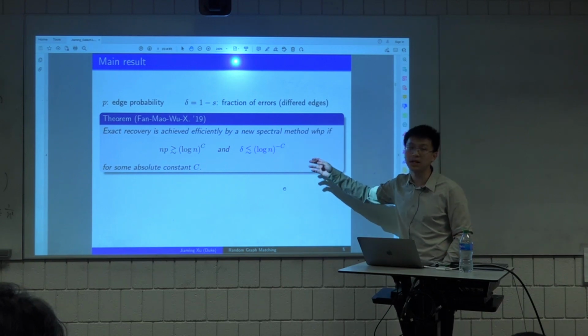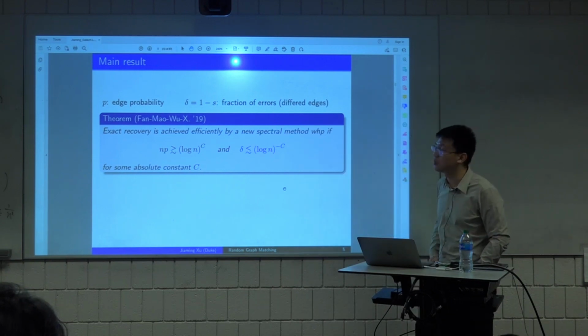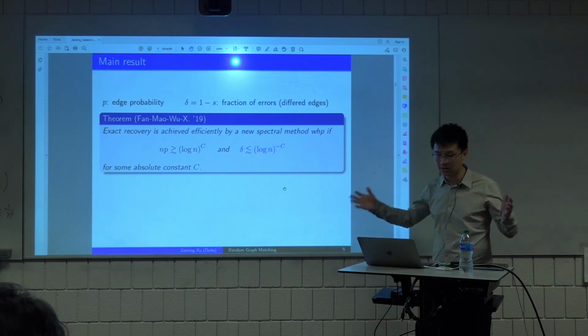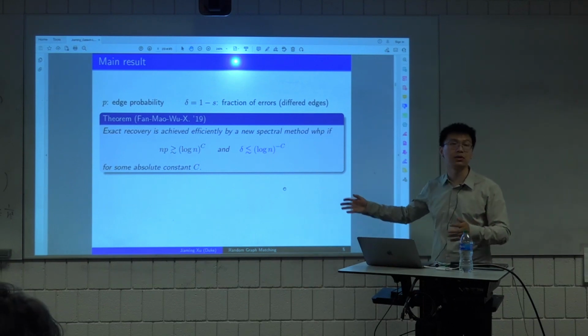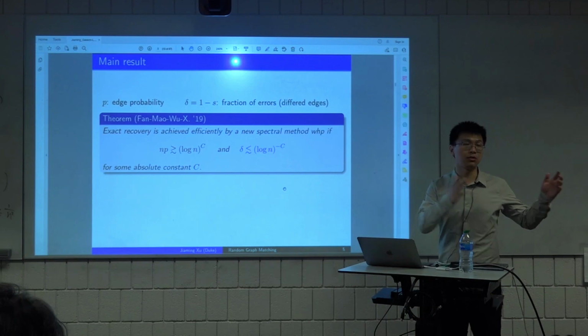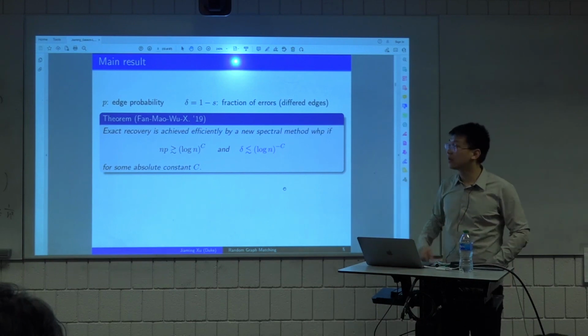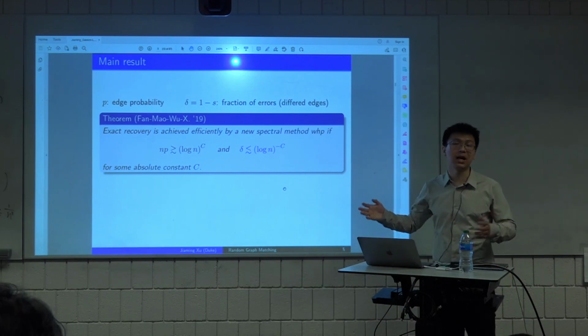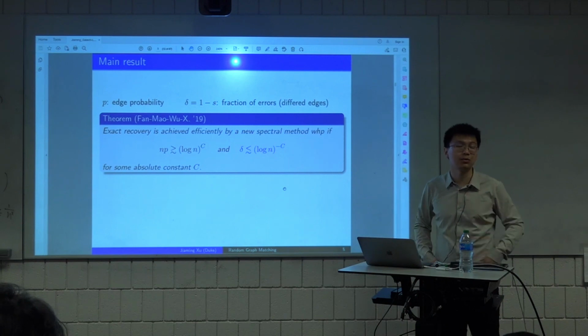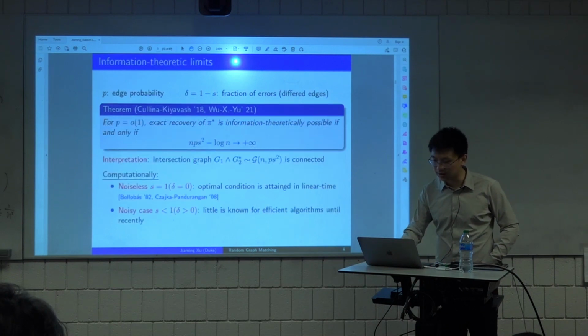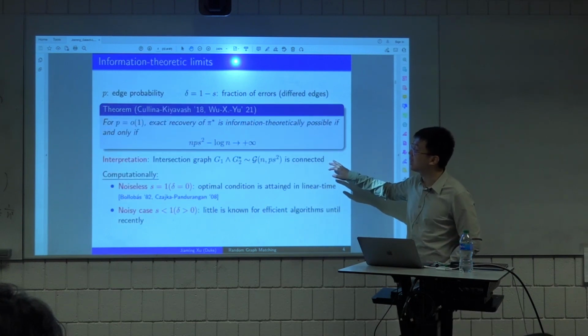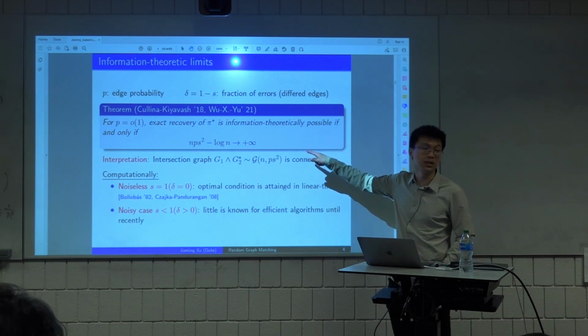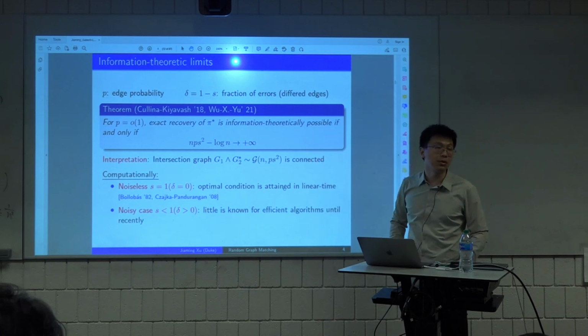In fact, delta even has to be 1 over polylog n. So in that sense, there's a large gap between the guarantee of this and the information-theoretic limit. But it turns out that part of the gap is fundamental, at least that's what we believe. There's a computational gap, so you probably cannot achieve this IT limit in polynomial time.